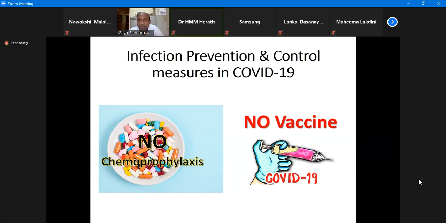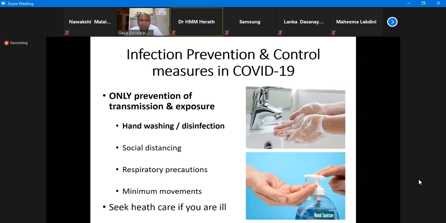There are many studies going on, but at the moment, we don't have any of these measures. Because of that, we have to stick to the infection prevention and control measures. So we have to prevent the transmission of the disease and prevent us being exposed to the disease.